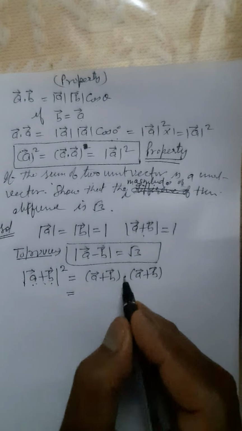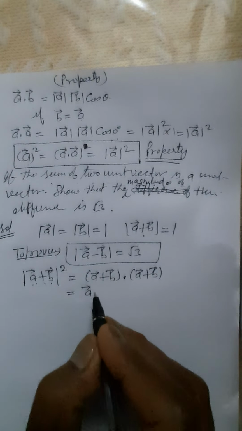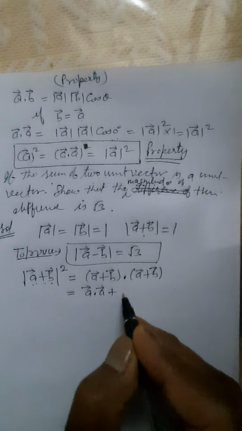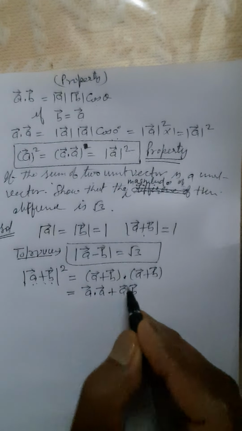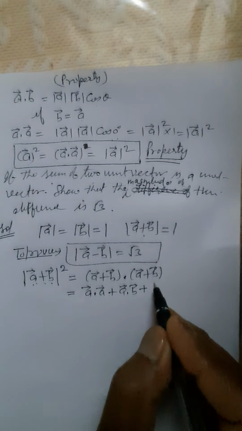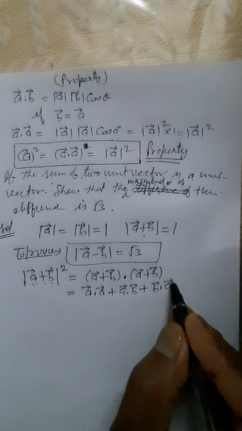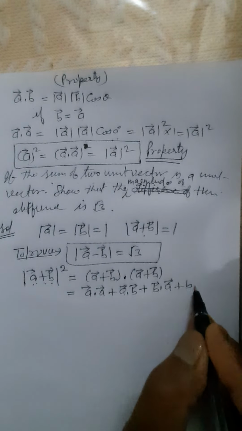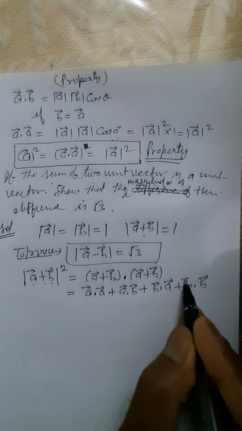And now open this with the help of dot product, A dot A plus A dot B plus B dot A plus B dot B. We have to multiply term to term, A dot A, then A dot B, then B dot A, B dot B. We know A dot B is always equal to B dot A.